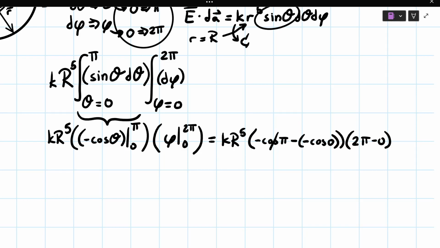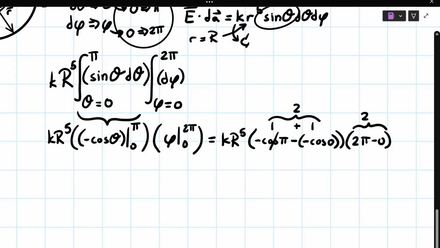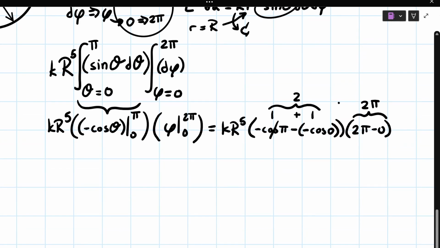This is negative times negative 1, so I get positive 1 here. Minus minus gives me plus cosine of 0, which is 1, so this becomes 2. 2 pi minus 0 is 2 pi, so I get 2 times 2 pi times kr to the 5th.